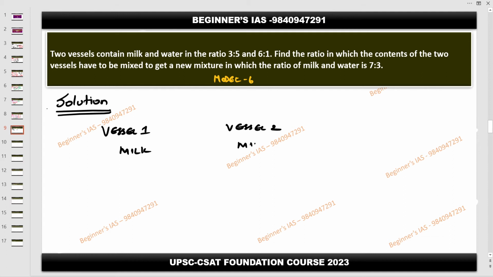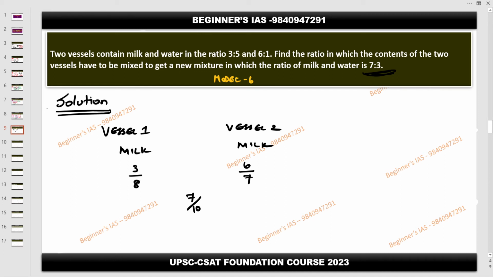So here in the first one, what is the milk? 3/8. What is the second one? 6/7. So what is the final? After mixing, the new one will become 7:3, which means that the milk part is 7/10.